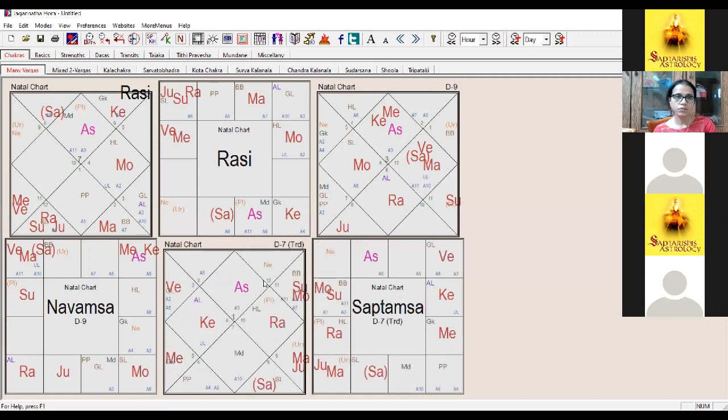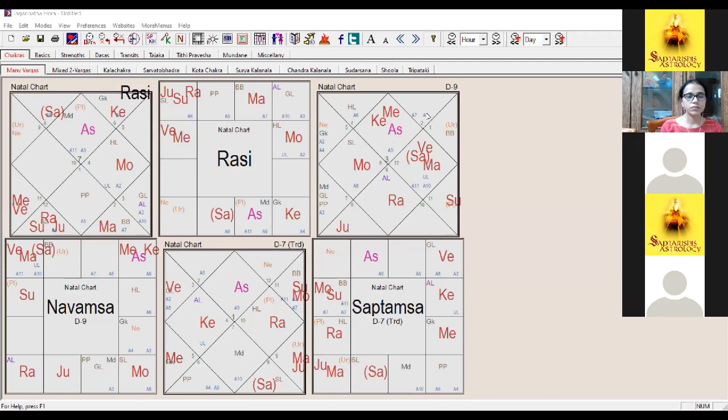Okay, so in north and south we have both formats. Okay, let's say we are dealing with the event related to childbirth or the children for now. Okay, and we take any planet, for example Saturn.